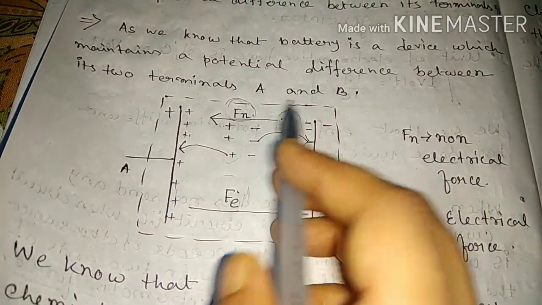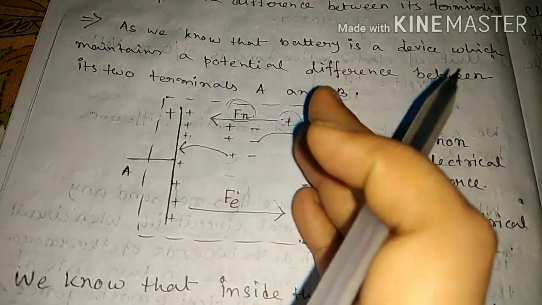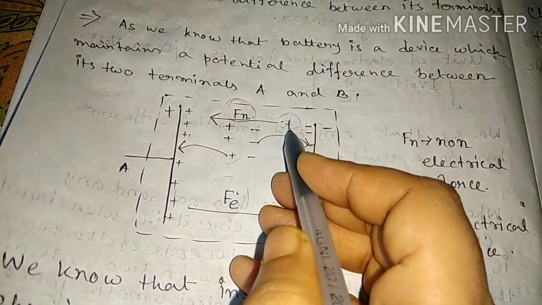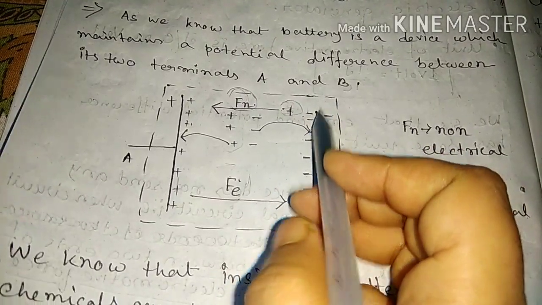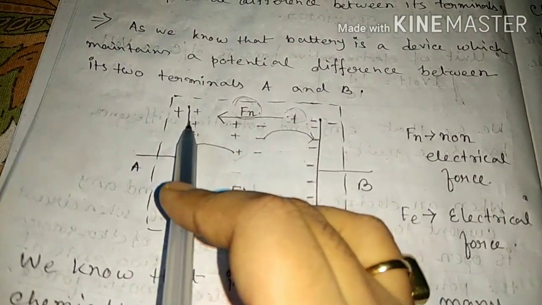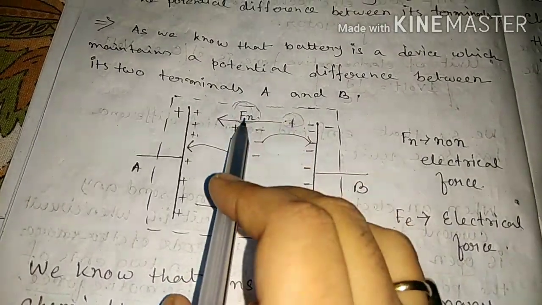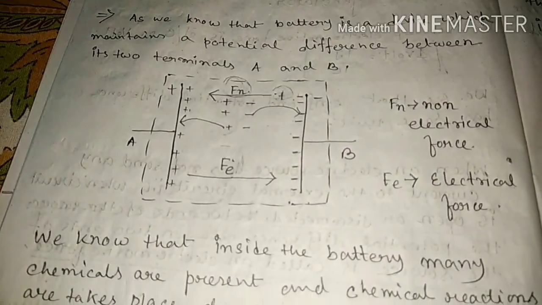So if after these two forces are equal, we want to bring any positive ions from the negative terminal to the positive terminal, work has to be done by this non-electrical force, and that is called electromotive force.